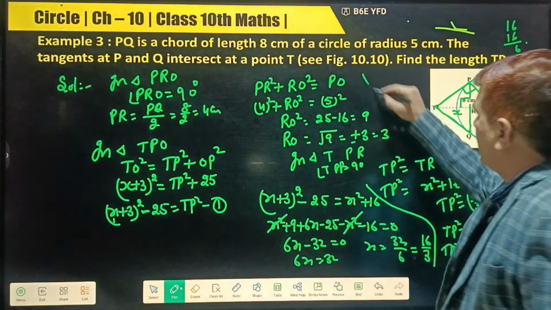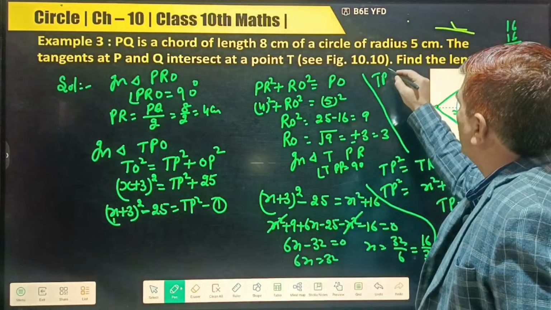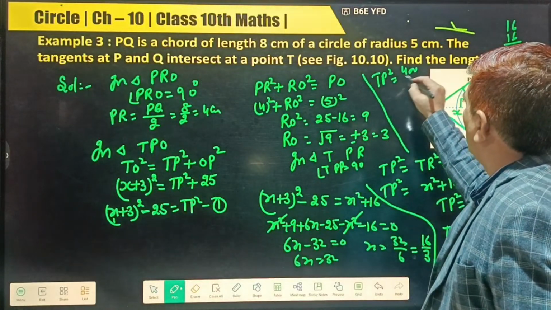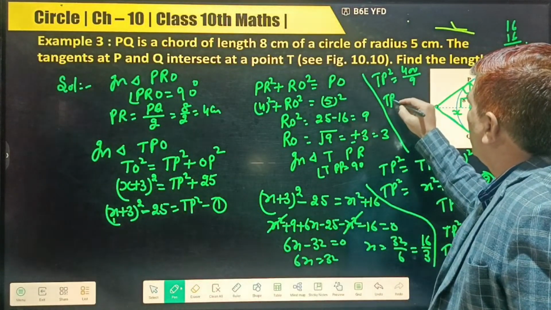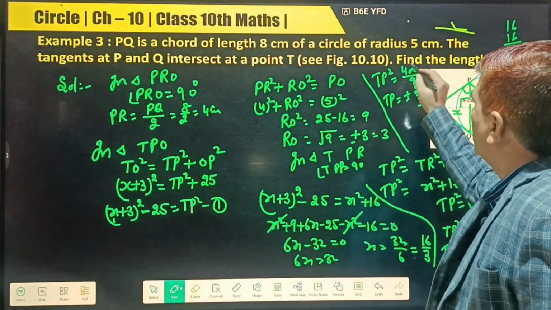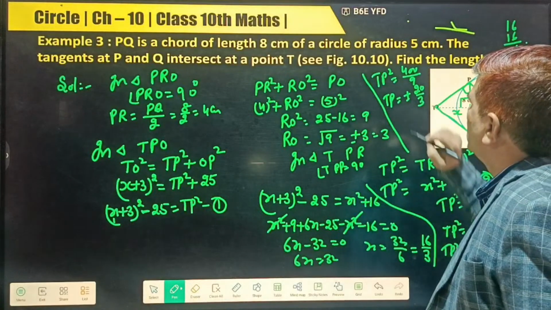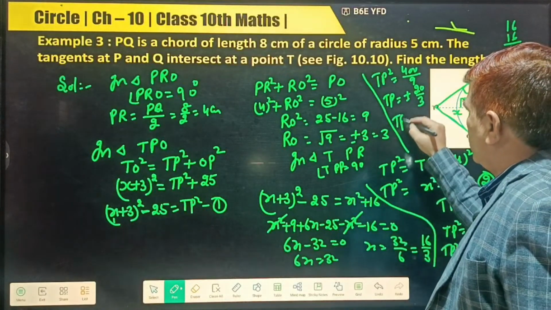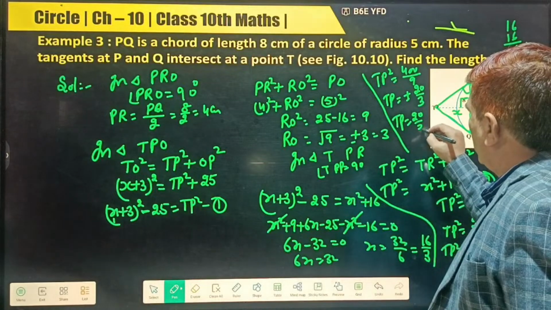So TP square is equal to 400 by 9. So TP is equal to plus minus 20 by 3 if you take the square root of it, but length is always positive. So TP is 20 by 3 centimeters.